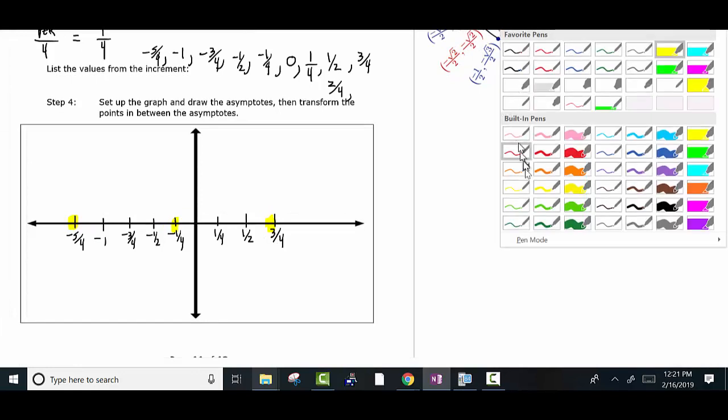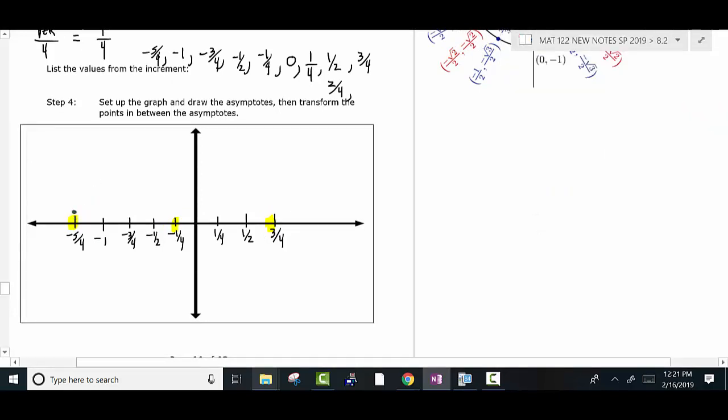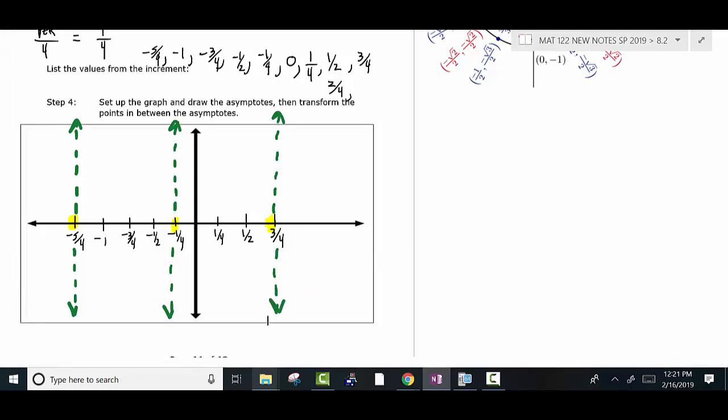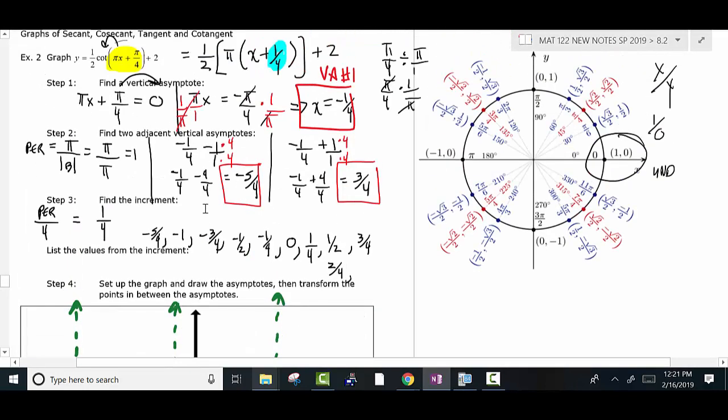Okay. All right, so what I would do next is just get your asymptotes. So you have a vertical asymptote through negative 5/4. You have one at negative 1/4. Then you have another one at positive 3/4 like that. Okay, now we're doing a cotangent. So I would also just probably take this up.